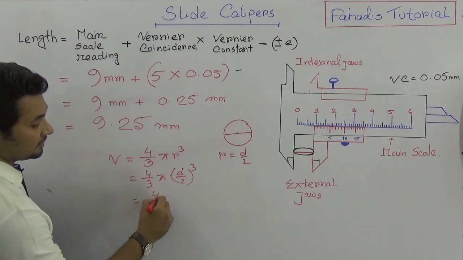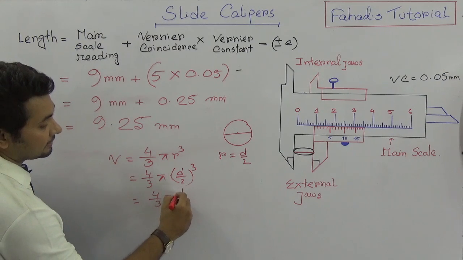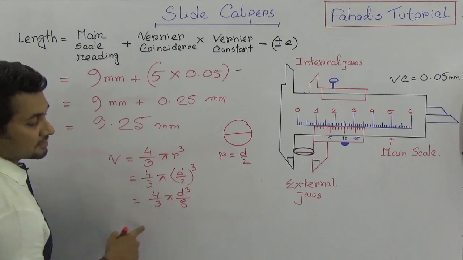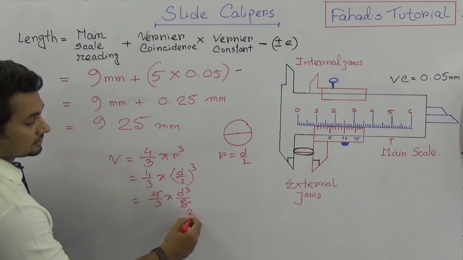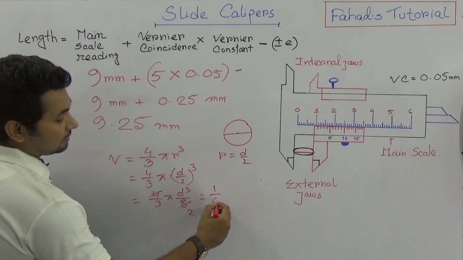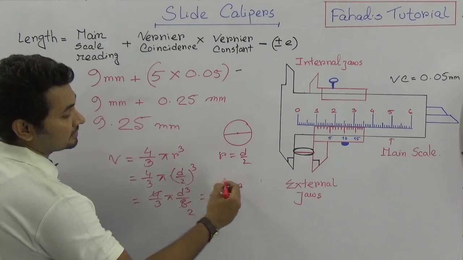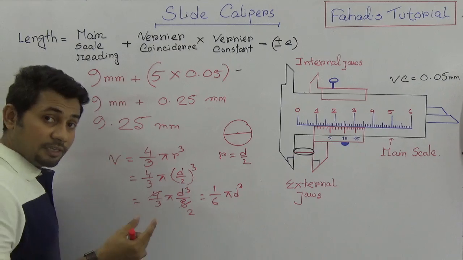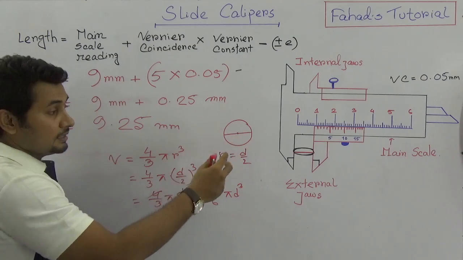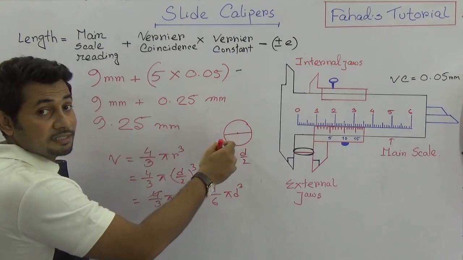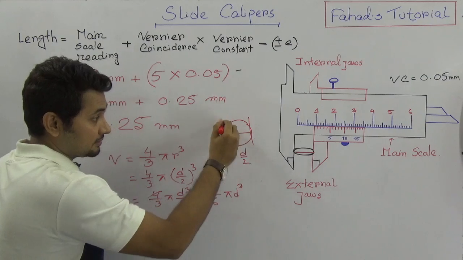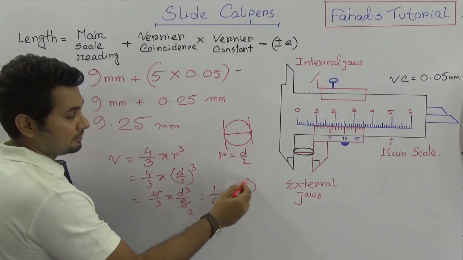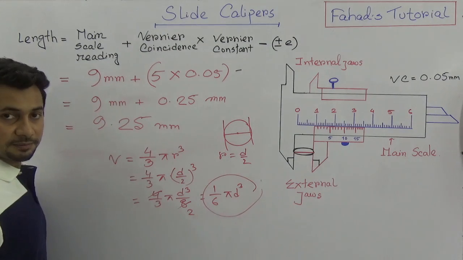So it can be 4 by 3 pi d cube by 8. So that is, we can say 1 by 6 pi d cube. So if we try to find the volume of any sphere, then we can find the radius or the diameter, and then using this principle we can find the volume.